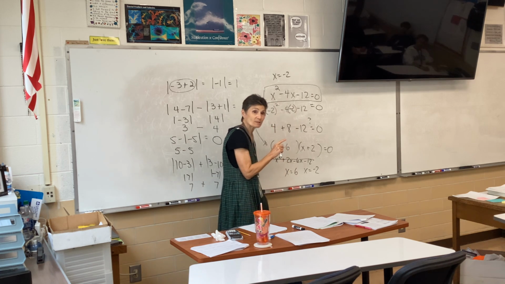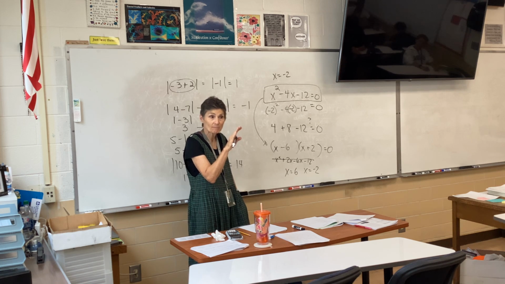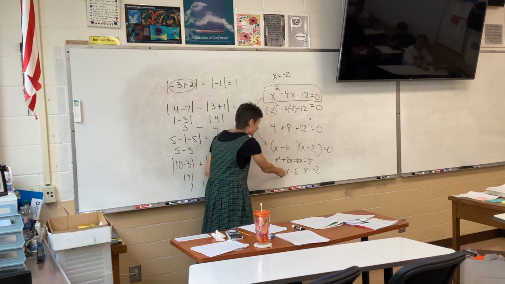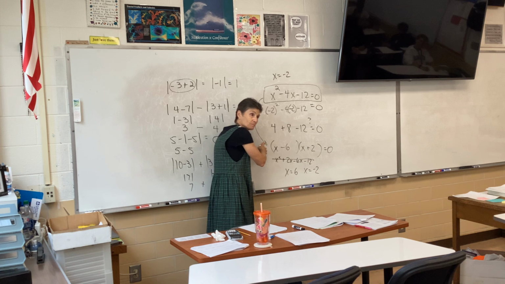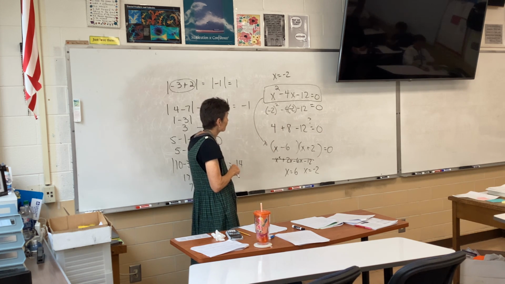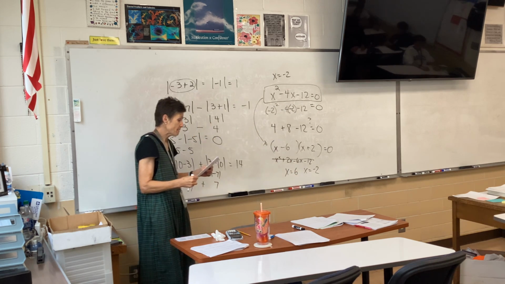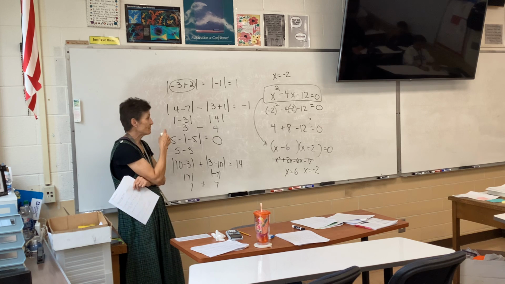Remember when we were doing our centers? When we put them into the parentheses, we had to make them the opposite. This is exactly the same idea. Wonderful. All right, anybody have an issue with that?